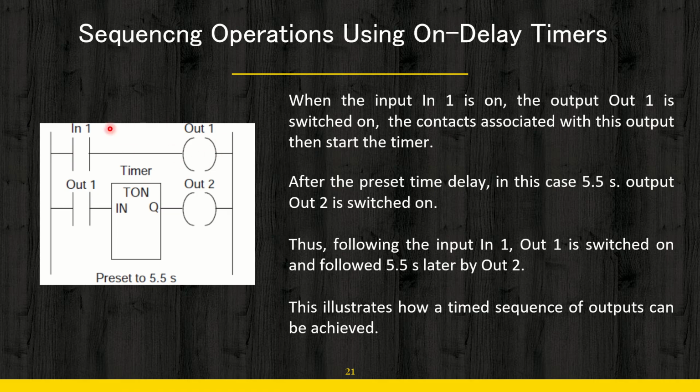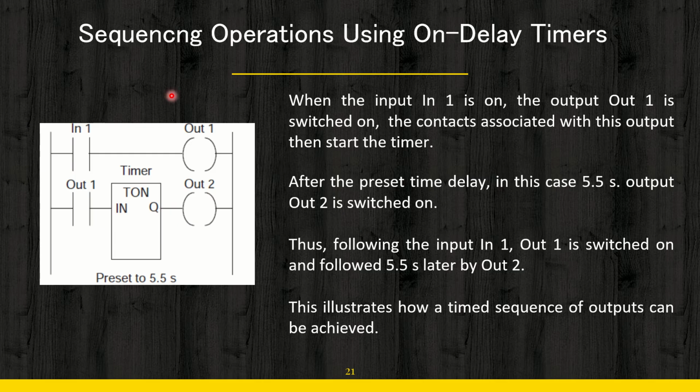This coil is energized by this input. This coil has its contacts in the second rung, and this second rung has the on delay timer block, which is giving its output, connected to Q, the output terminal of this timer.